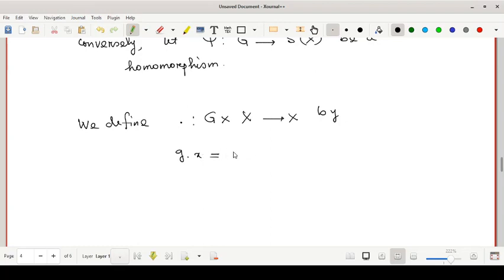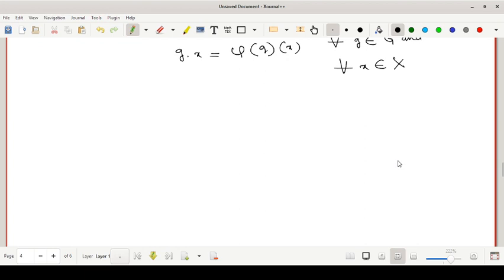I have to take care of this homomorphism. So phi of g, this is a permutation of X, right? You will get an element of X for every g in G and for every x in X. Same definition. Prove that it is really an action.